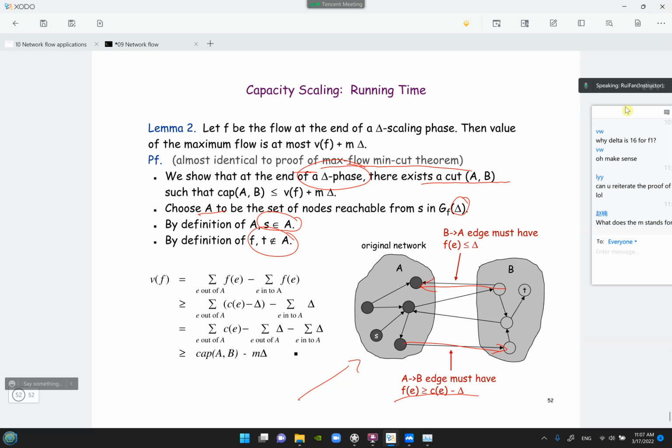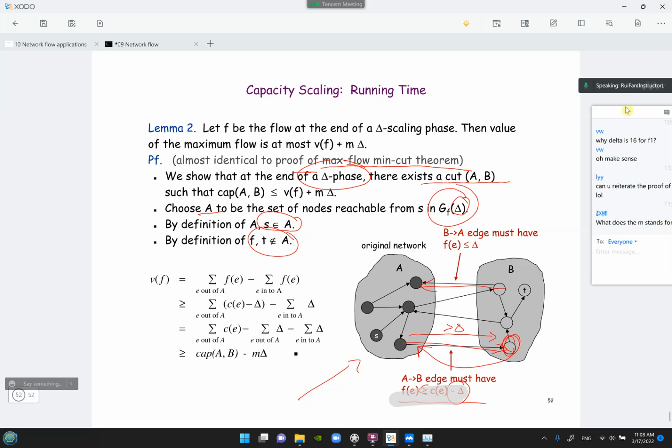Because suppose the flow is less than capacity minus delta, then you would actually include this edge in the residual graph, because your leftover capacity would be larger than delta. And in this G_f delta, we include all of the edges which have size at least delta. So you would have this additional edge over here, but then that would mean that this node is part of A, which is a contradiction.